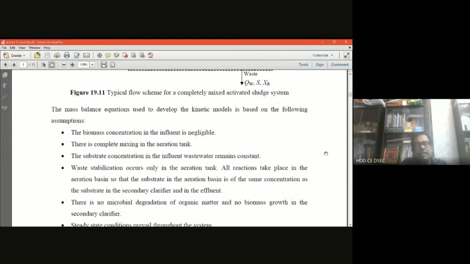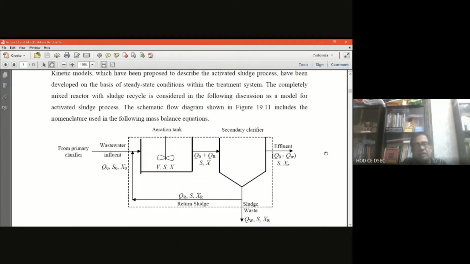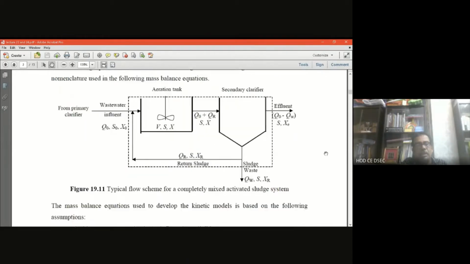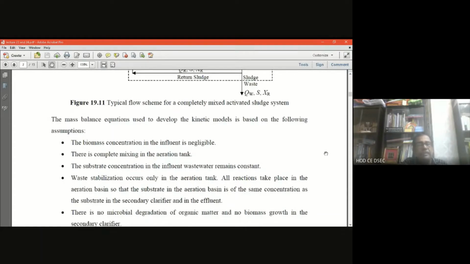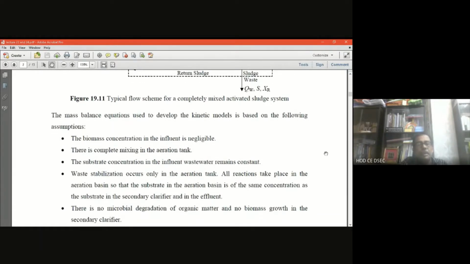Now complete mixing in the aeration tank is happening, that's why a uniform concentration X can be found, constant, and the impeller shows an example of the completely mixed reactor. Fine. The substrate concentration in the influent wastewater remains constant.